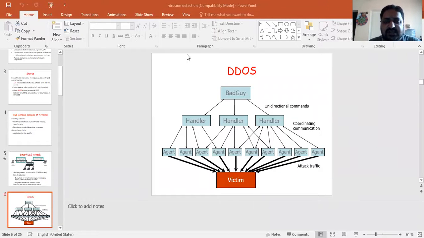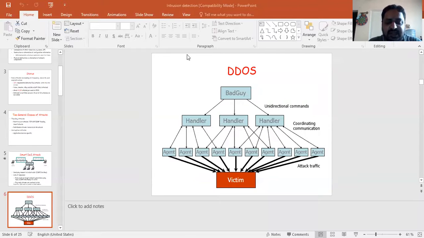So such attacks are called distributed attacks, where different services are installed on different systems, and from there they launch the attack on a system, or a victim, or, for example, a network. So why are they called distributed?